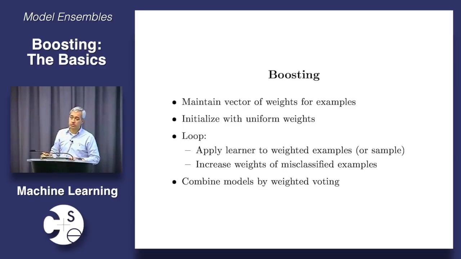Not all learners can do this, but again, in another fortunate accident of history, remember how we handled missing information in decision tree learning was by having fractional examples, right? 80% of the example goes to red and 20% goes to blue. Because of that, people like Quinlan already have algorithms that could handle weighted examples, right? Because what is a fractional example? It's a weighted example. And so luckily, all they had to do was expose that and wrap boosting around it.